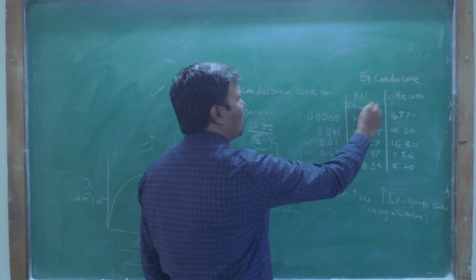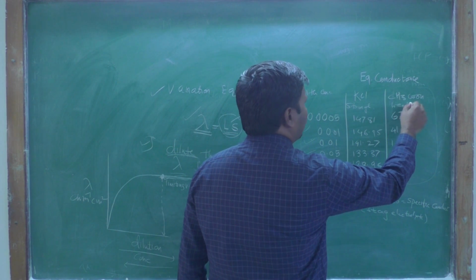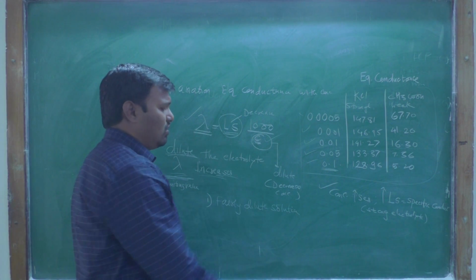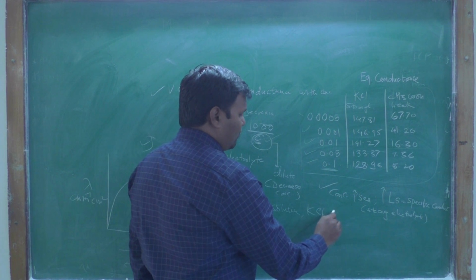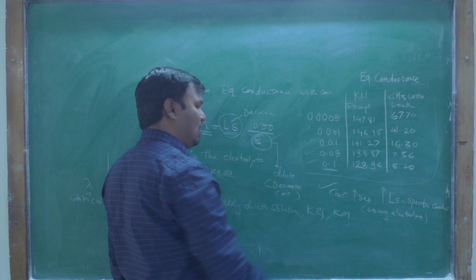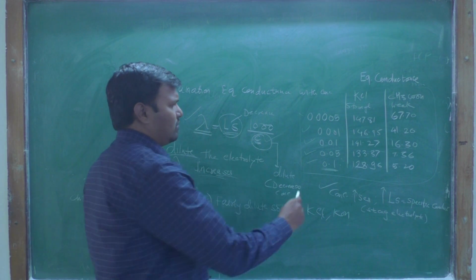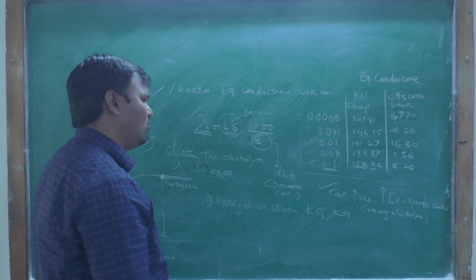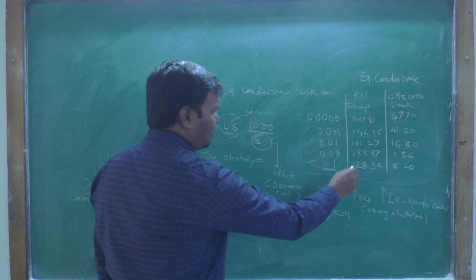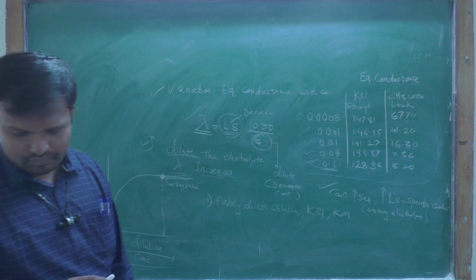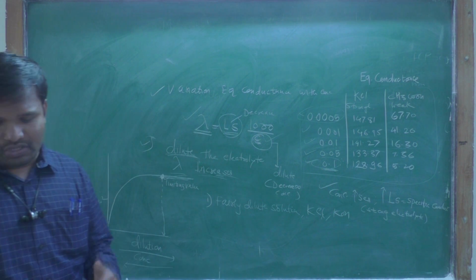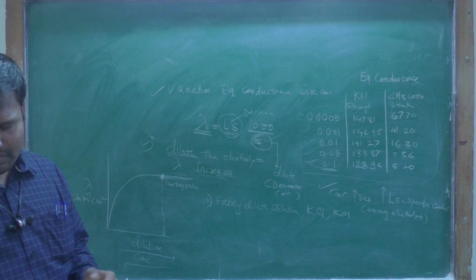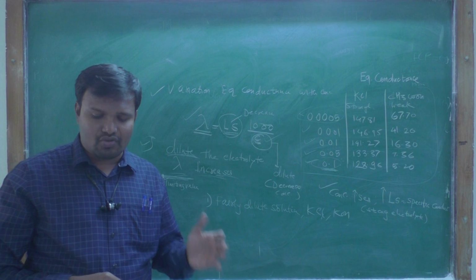KCl is a strong electrolyte. CH3COOH, acetic acid, is a weak electrolyte. For fairly dilute solutions of KCl and KOH we have taken some values. The value at 0.1 for KCl is 128.96.